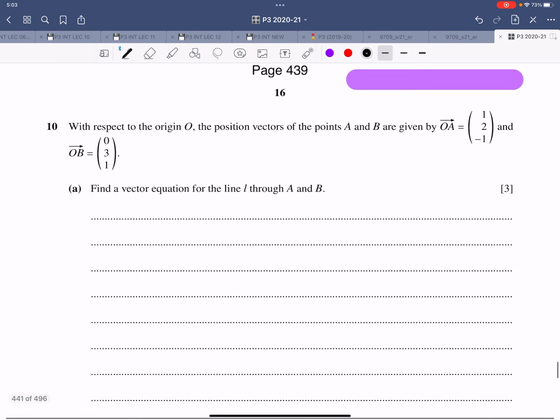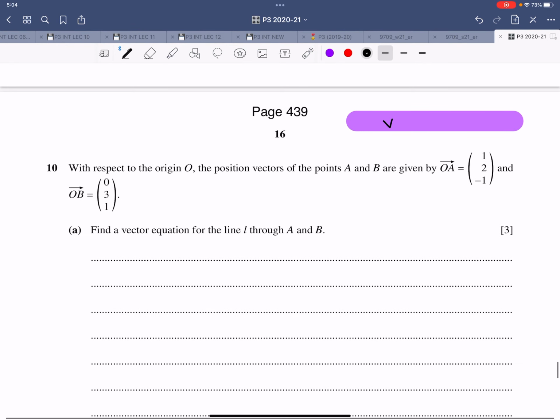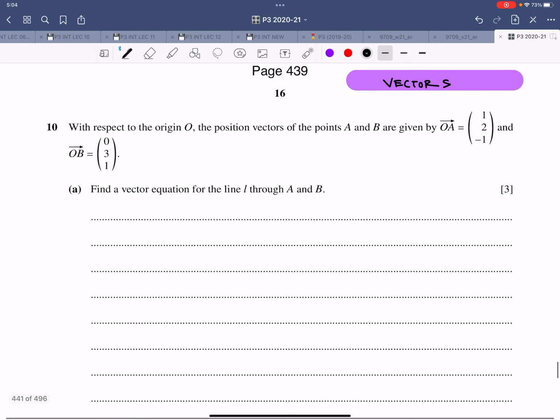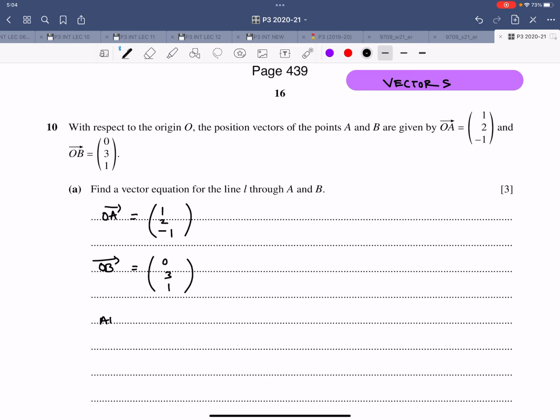Question number 10. Now this is about vectors. It says, with respect to the origin, the position vectors of the points A and B are given by such and such. Find the vector equation of a line. OA is (1, 2, minus 1). OB is (0, 3, 1). Let me find AB or BA, doesn't make a difference.